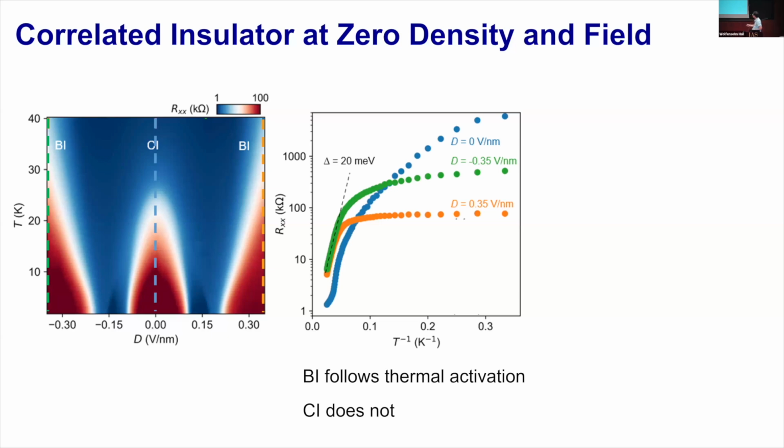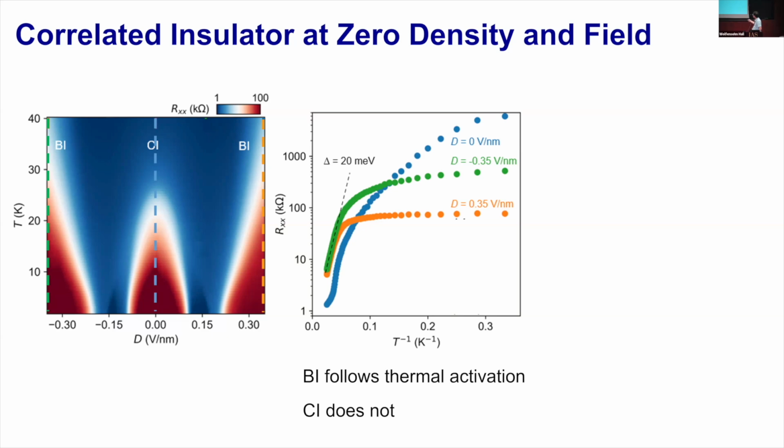And another evidence of this state being a correlated insulator is if you do the thermal activation measurements, you warm up the sample, and you just monitor the resistance in this correlated insulator and a banded insulator. You see that the correlated insulator starts to be much more resistive than the banded insulator at the lowest temperature.